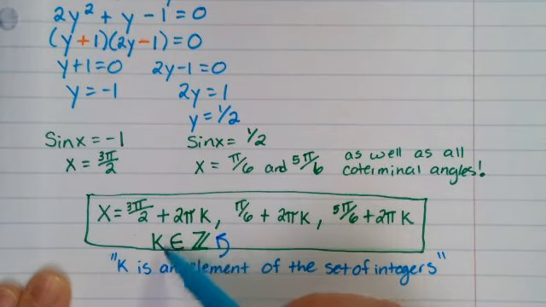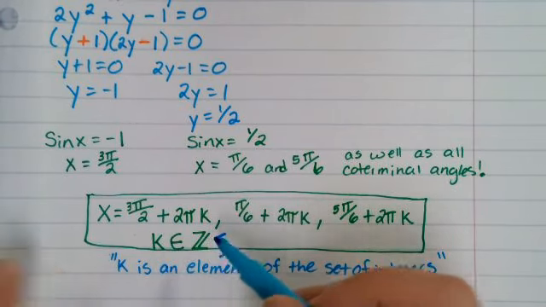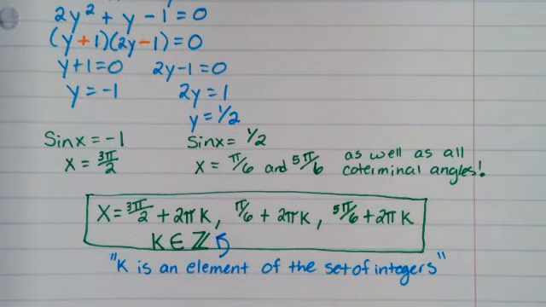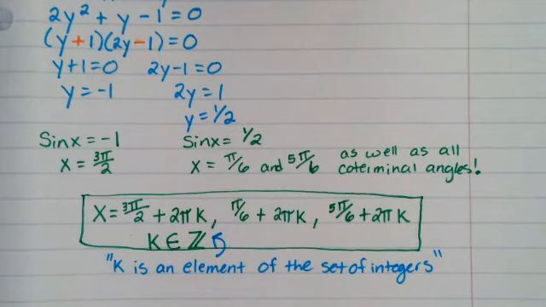This weird looking E is what we mean by "is an element of." So k is an element of the set of integers. It's just saying k is an integer, but it's the mathy way to do it instead of having to write out a sentence. So this is big boy and girl notation. We really should get used to doing that because, being AP, this is supposed to be a college level course. So I figure it doesn't hurt us to see that.